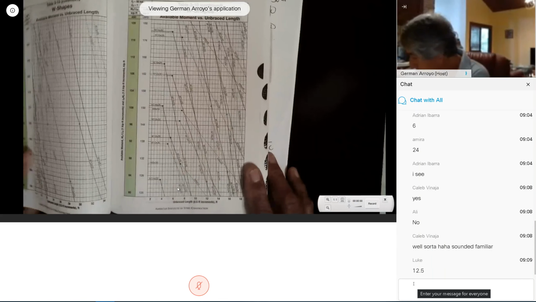So I already had that, and I've done that for you, as you can tell. So I went to this page and I got the Z_x for that section, phi M p and phi M r. I had divided this by 0.9.